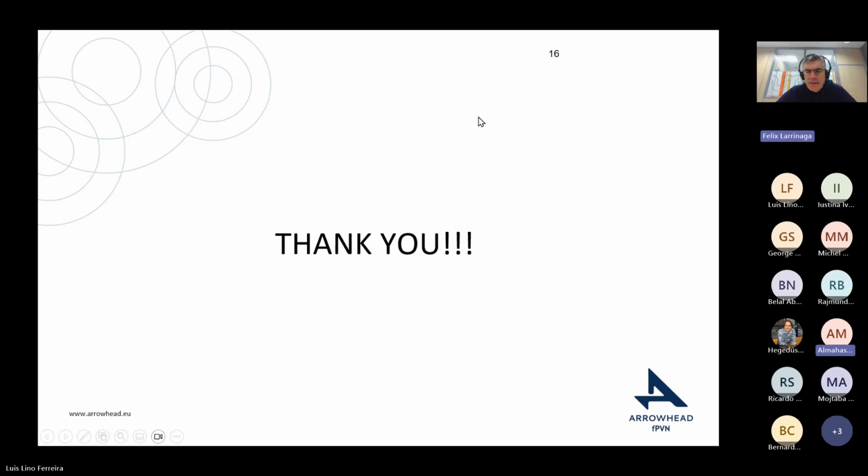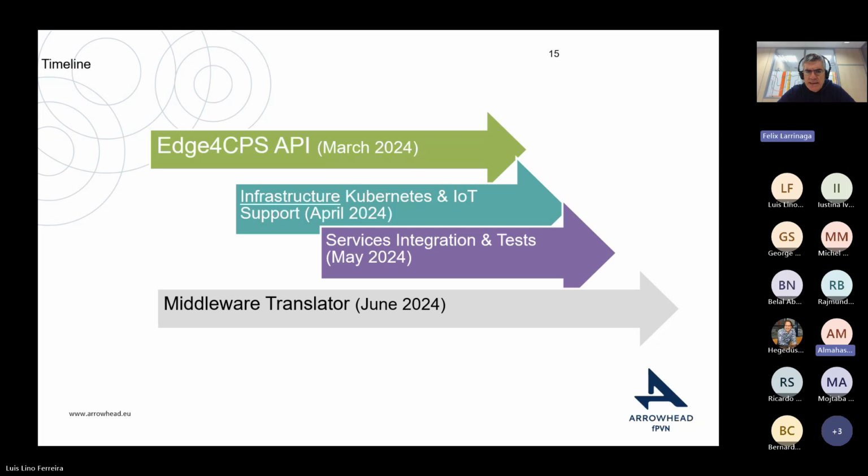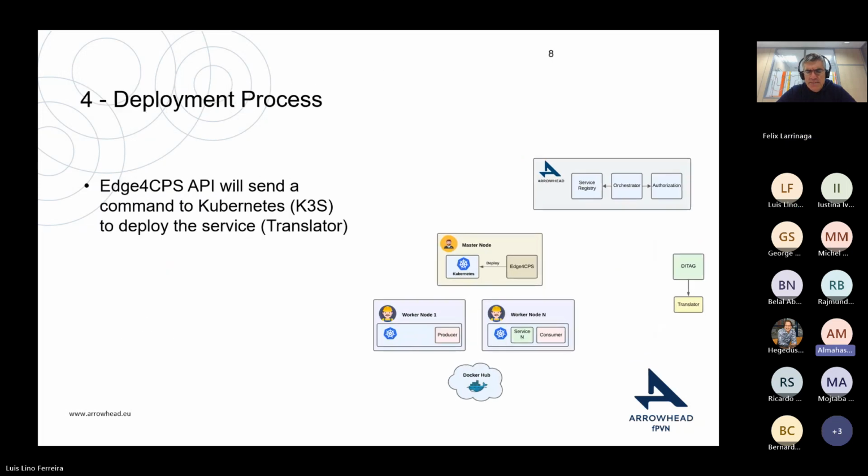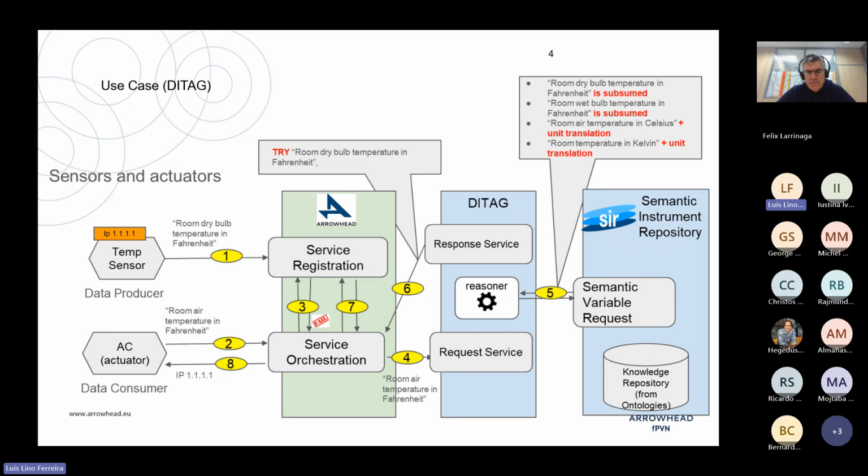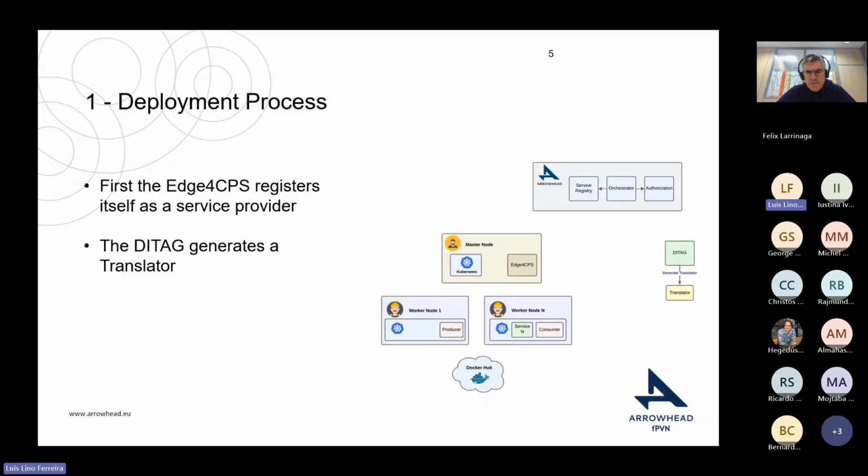I just have one. You mentioned this tool will also be working with the semantic tool that they are developing at Uninova, or what was the case? Yes, that's the main motivation. It can work with them, and it can work independently of them. So it can be used after their tool generates a translator, to automatically instantiate the translator somewhere in the Arrowhead network.